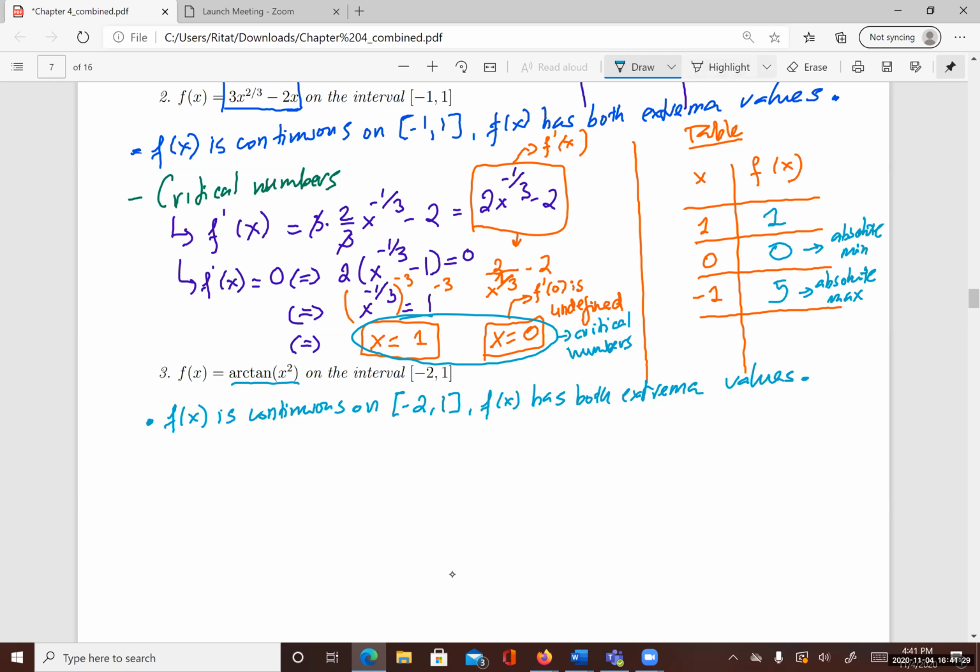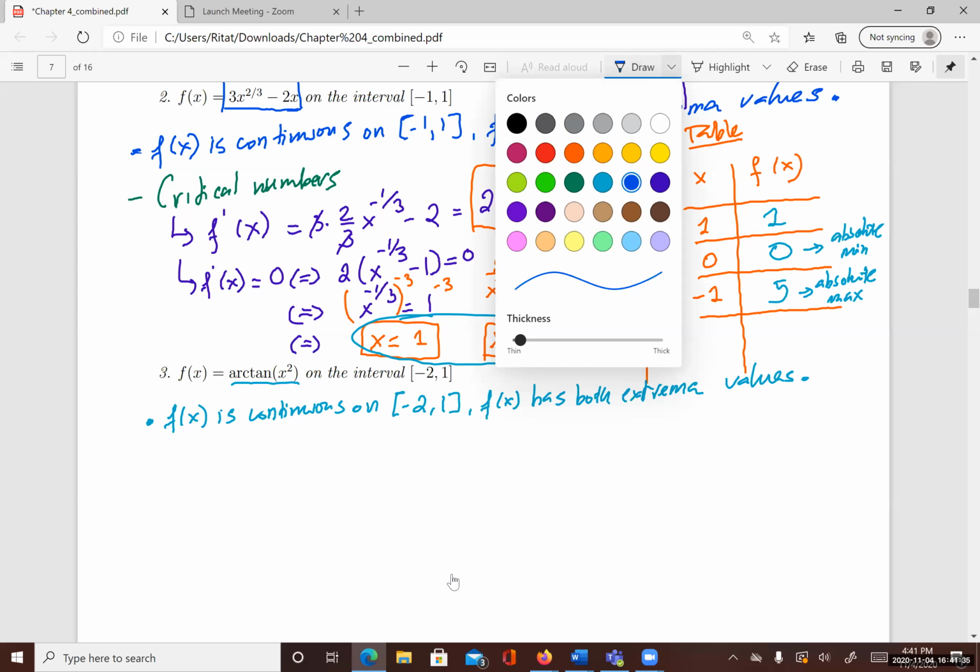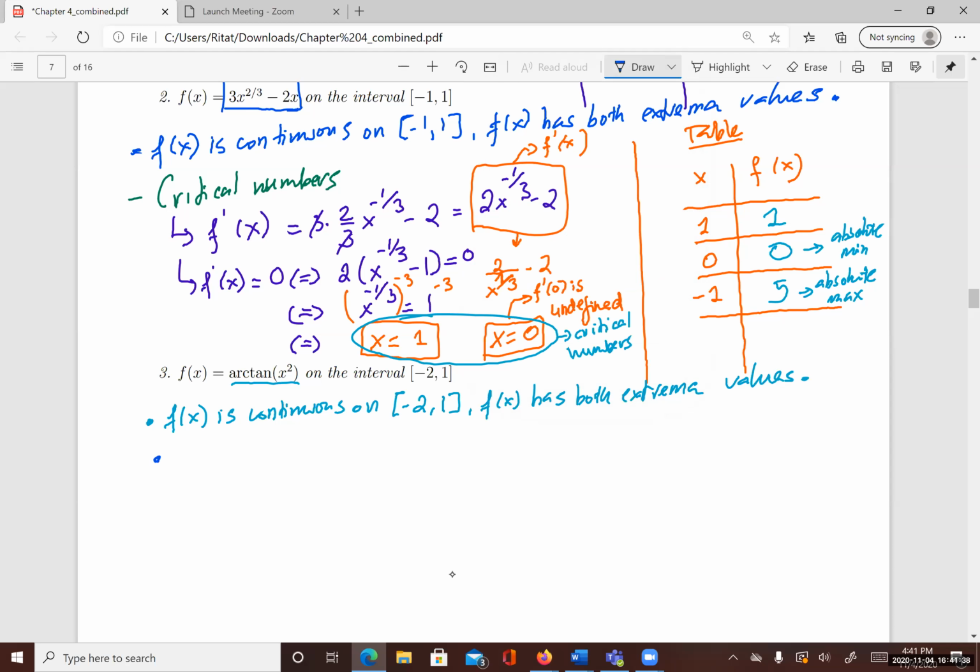Now again, we just need to find the critical values, the critical numbers.